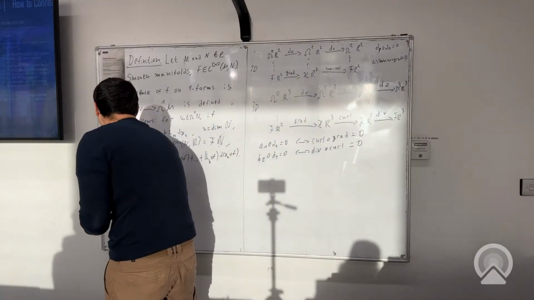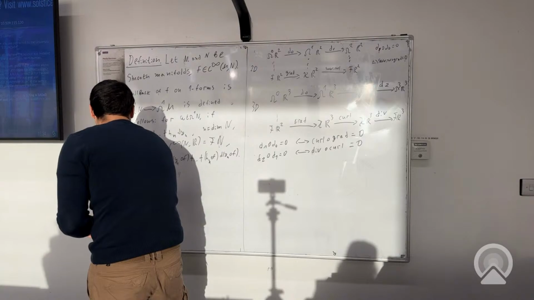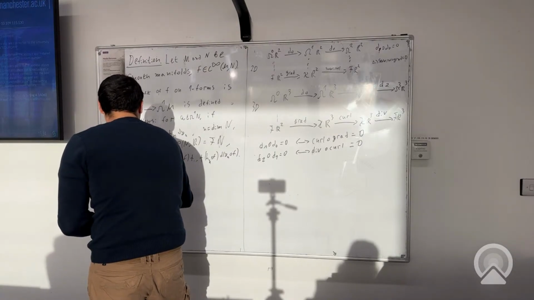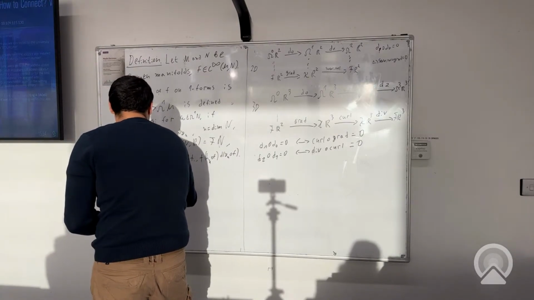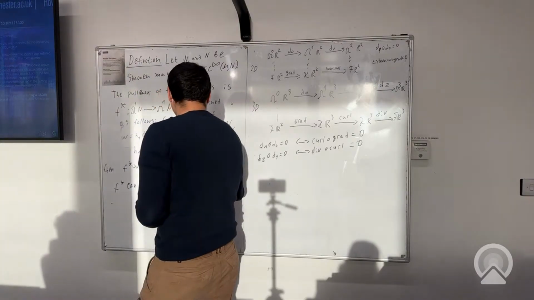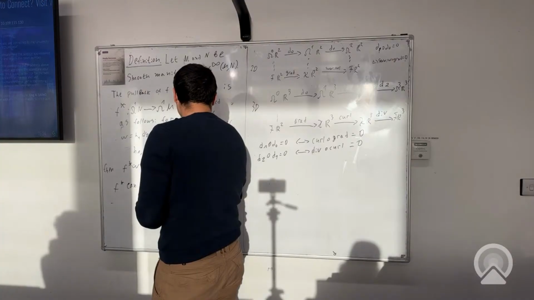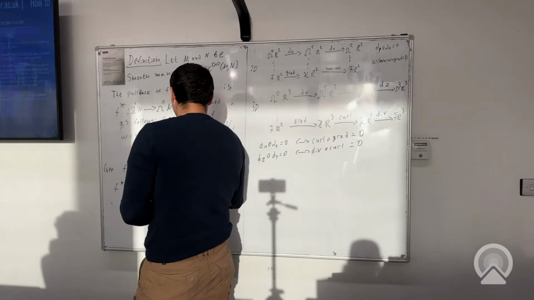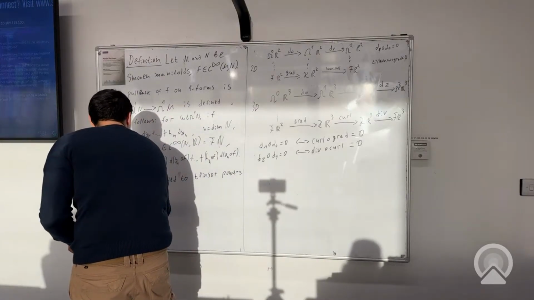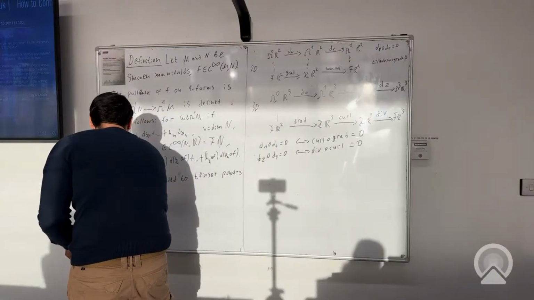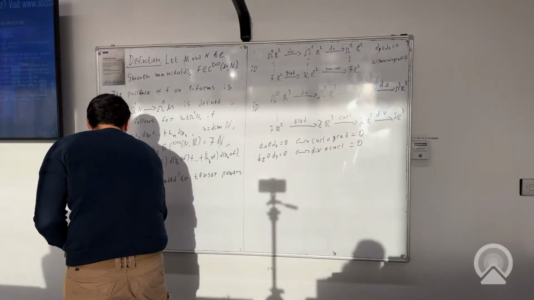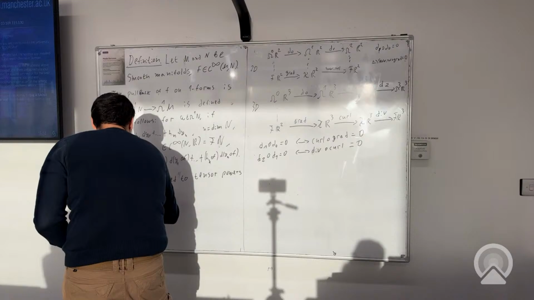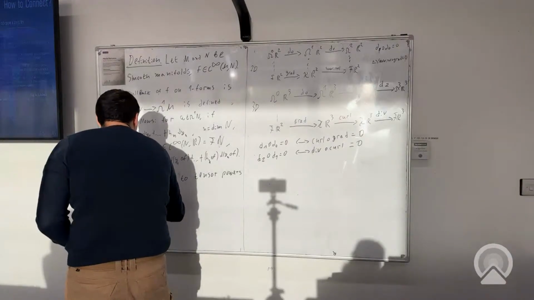And before giving an example: because this is a linear map, F star can be extended to tensor powers and exterior powers, maybe symmetric powers too.